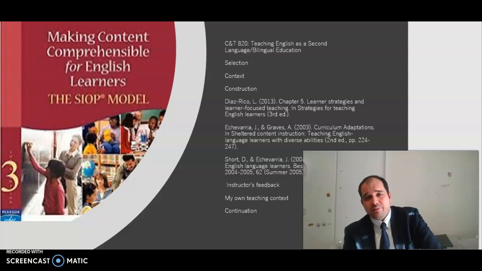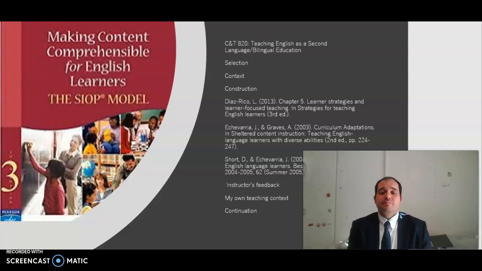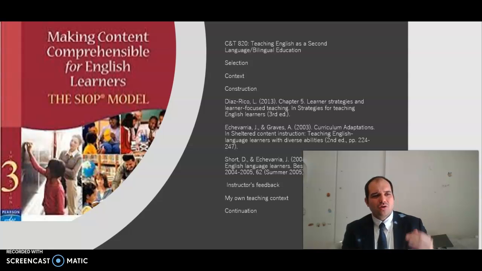They both gave me good advice to reshape the lens I viewed the SIOP model through, whether it be making corrections to the order of my activities, or just rephrasing some of the wording I used in my artifacts.